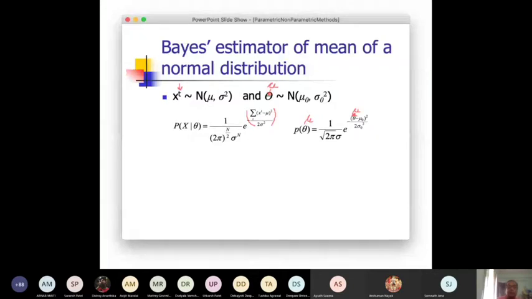Any doubt? So you see that for a single observation, it is e to the power minus (xt minus mu) whole square divided by 2 sigma square. I'm talking about only this part.